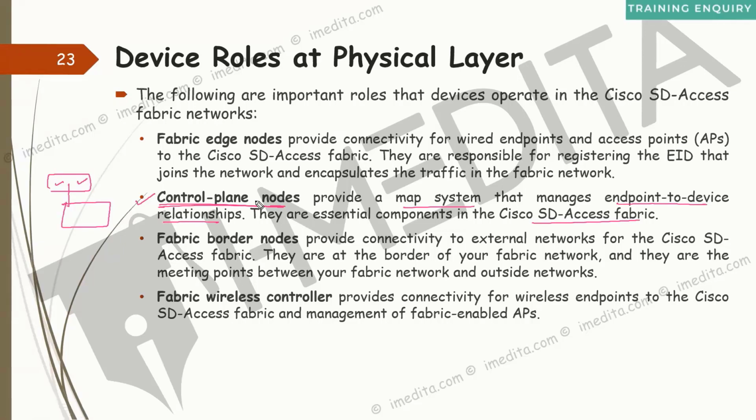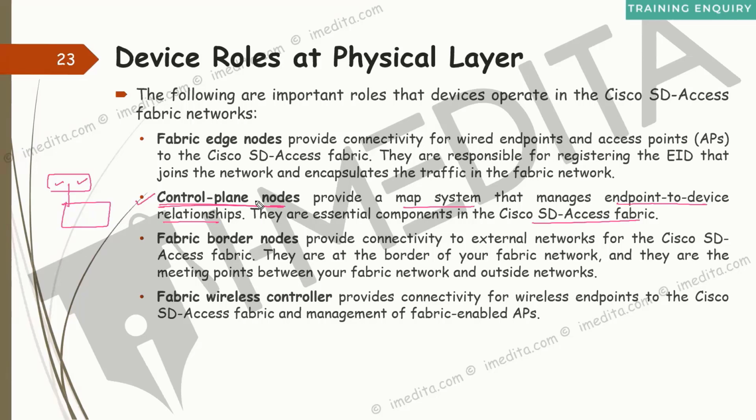Consider it as if you are good enough with the traditional network, consider these as DMVPN hub. In the DMVPN hub, we have the information, if you remember, of the tunnel IP and its associated NBMA IP address. Here you can consider them the same. The control plane node maintains a database.